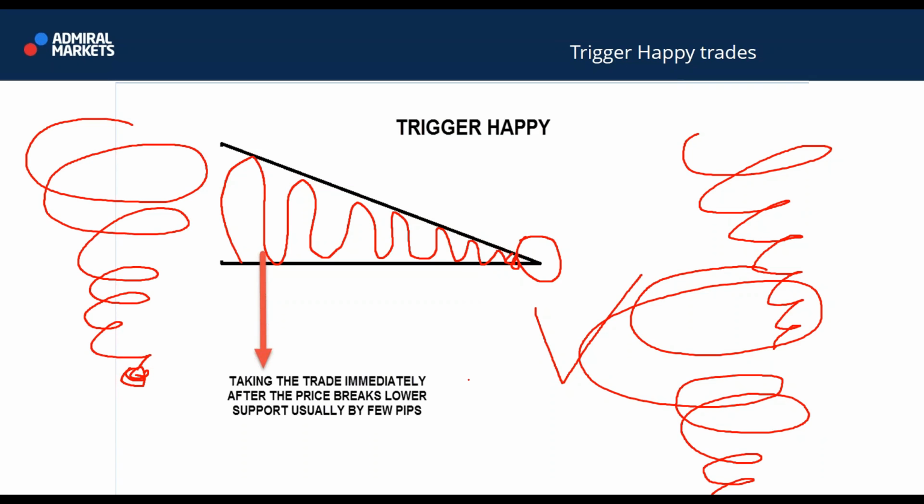So if you ever encounter a triangle and the price is close to the pinnacle or vortex, then you need to know that the price is going to explode somewhere. We don't know how many pips it will explode into. Maybe it will be 100 pips, maybe 200 pips, or maybe 10 pips, right?